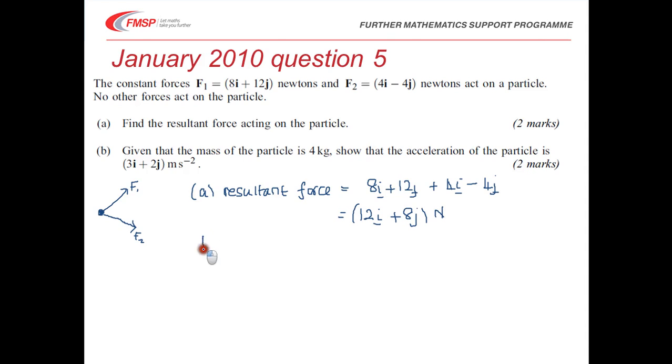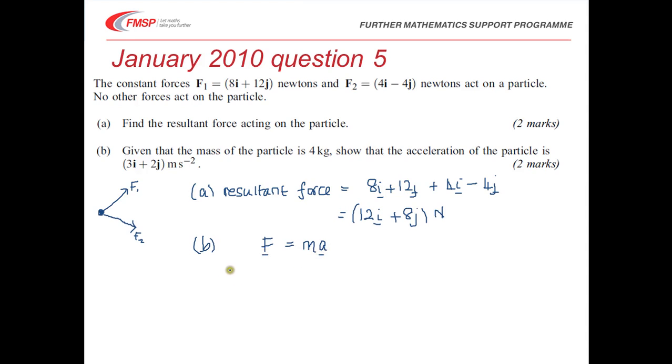In part B then, it says, given that the mass of the particle is 4 kilograms, show that the acceleration is 3i plus 2j. So we're using Newton's laws of motion in 2 dimensions. Remember, the resultant force is equal to mass times acceleration.